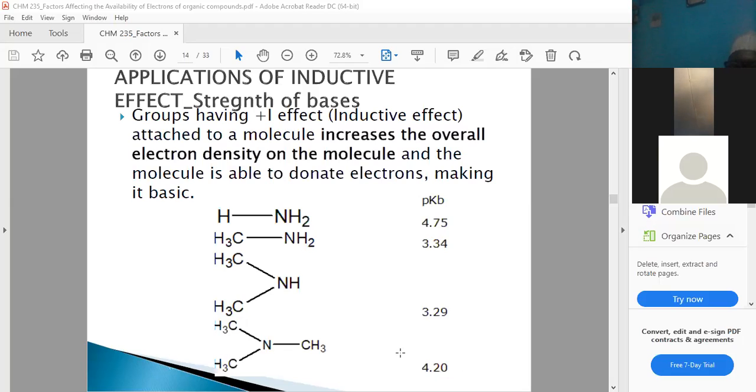Steric effect has more influence than inductive effect. It lowers the strength of the base of trimethylamine. And that is why trimethylamine is weaker than dimethylamine. Is that understood, please? Yes, sir.